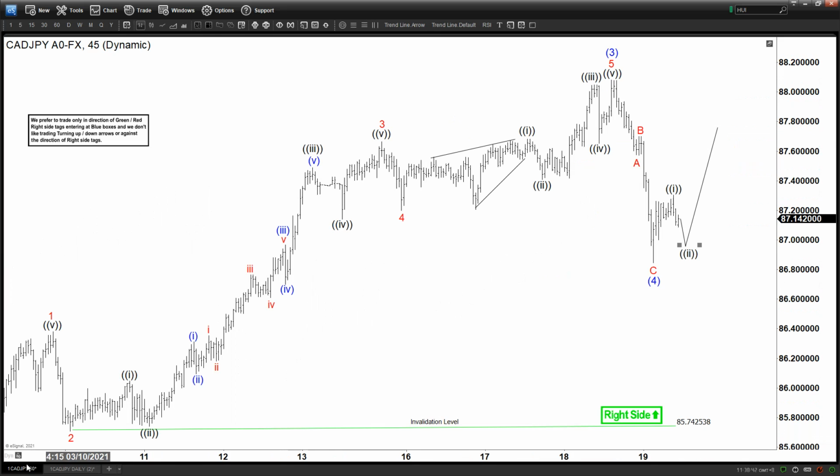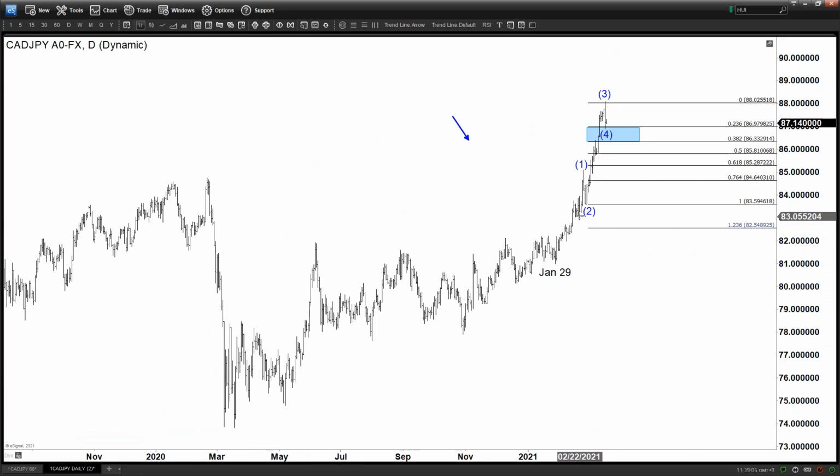So let's go back to the 1 hour chart. We subdivided into 3, but when it happened, it's really kind of difficult to find where is the A and the B, because it's very shallow. Okay, so we did these 3 waves, and we ended with 4 here, which is the 23.6% retracement again of this.